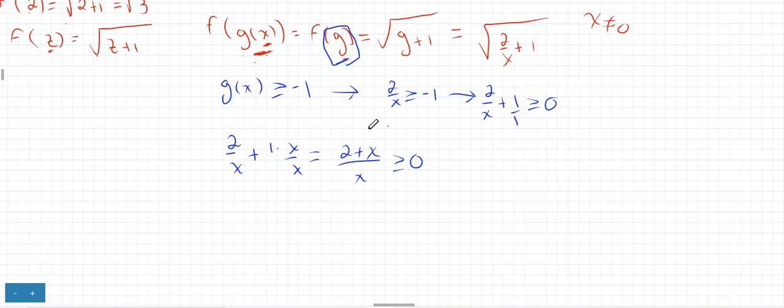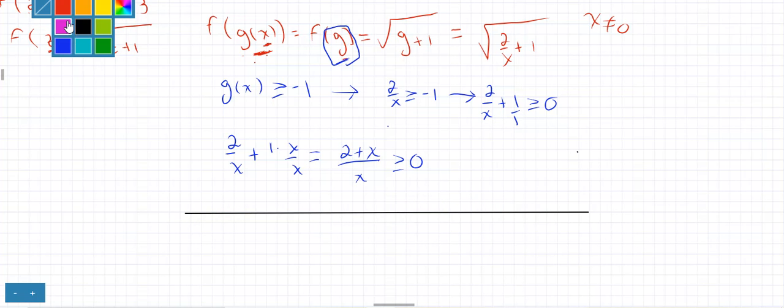What I'm going to do now is see when the numerator is equal to 0 and when the denominator is equal to 0, and I'll put those on the number line. So let's first draw our number line. And let's analyze what's happening here. We know that our numerator 2 plus x will equal 0 when x is equal to negative 2, right?